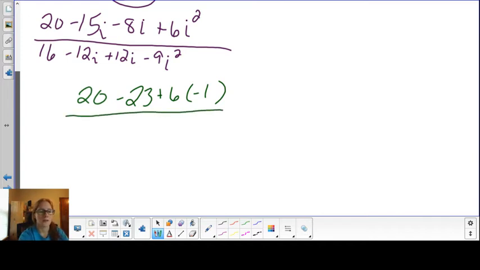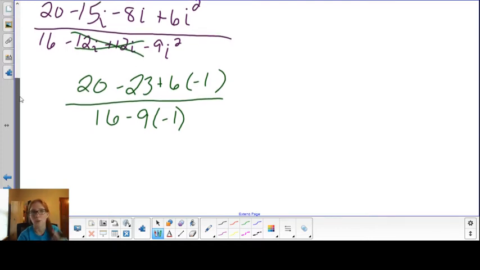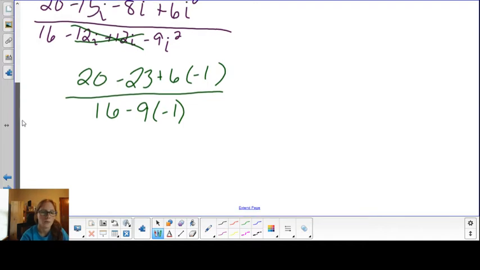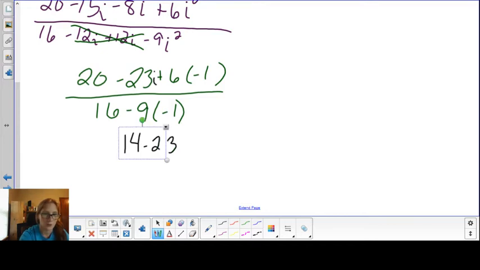On the denominator, I have 16 minus 9 times negative 1. Remember, those 12s cancel each other out. They're gone. And again, I have another i squared, so I replace the i squared with a negative 1. 6 times negative 1 is a negative 6. So I have 20 minus 6, which is 14, minus 23i. I just realized I didn't put that i. I apologize.